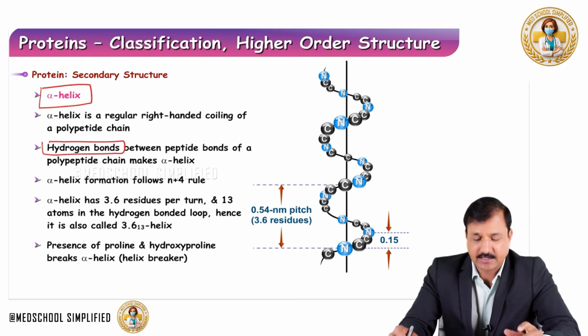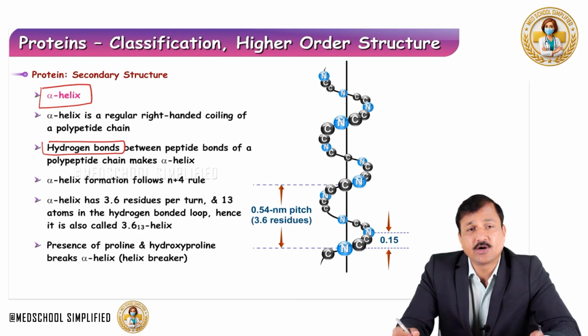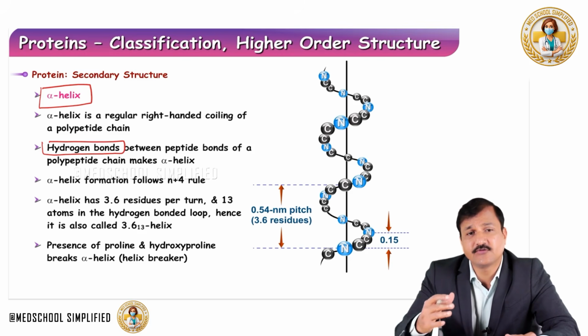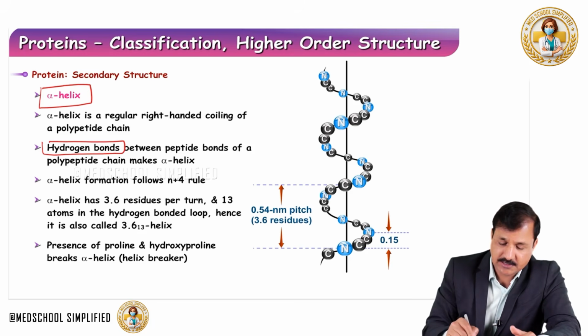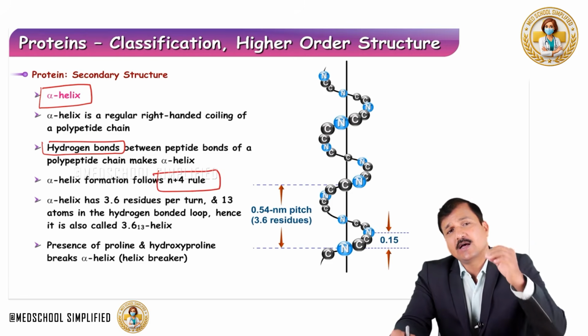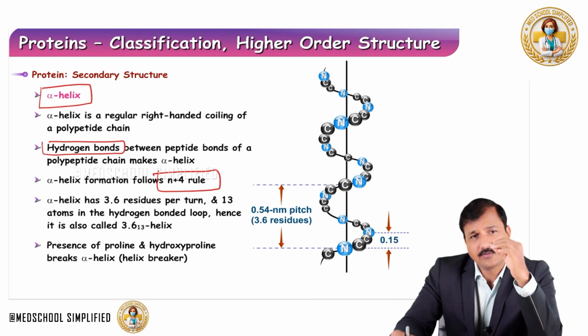How exactly is it done? So the formation of hydrogen bonds within the polypeptide chain that gives alpha helix follows a rule called the N+4 rule. What is the N+4 rule? The N+4 rule is about a peptide bond, one peptide bond.